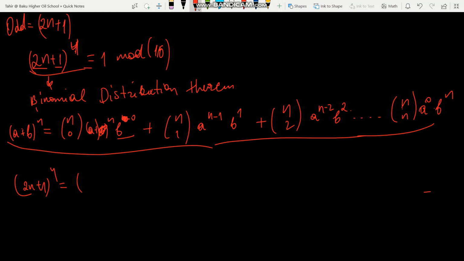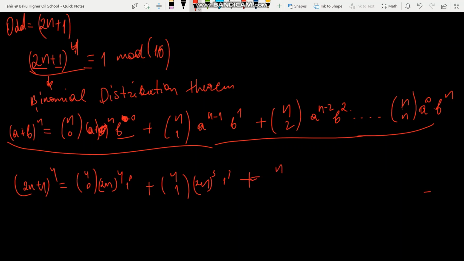binomial distribution for 0, 2n to the power 4, 1 to the power 0, plus binomial distribution for 1, it will be 2n to the power 3, 1 to the power 1, plus, actually we can just eliminate these 1 terms because they will not affect the result at all.